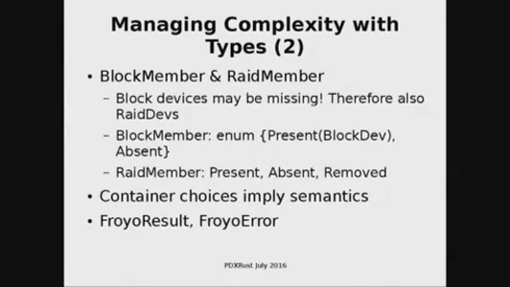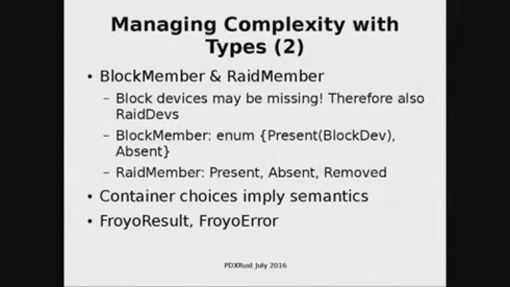The last thing in terms of types is Froyo result and Froyo error. I think this is another kind of Rust pattern: you have all your libraries, and each library has some result type that it returns its results as, and you make an enum type for your project that uses all these.